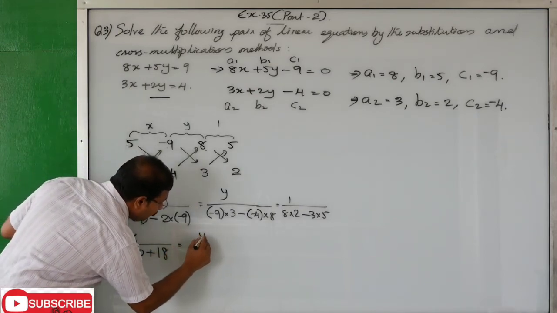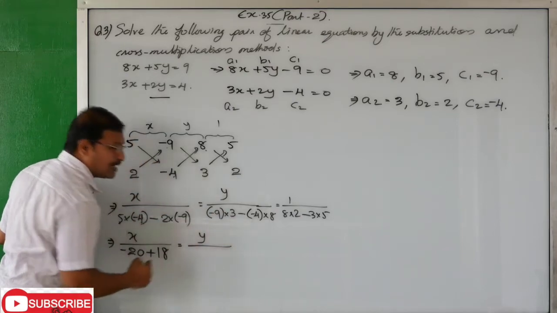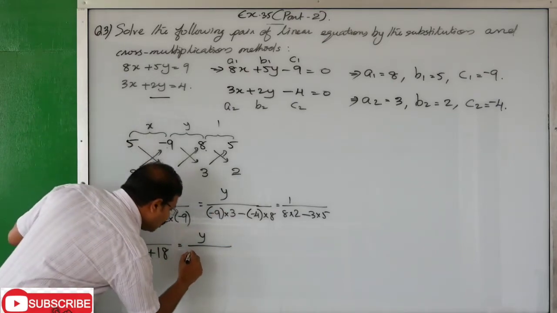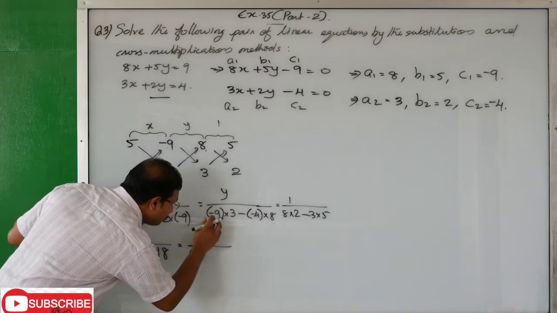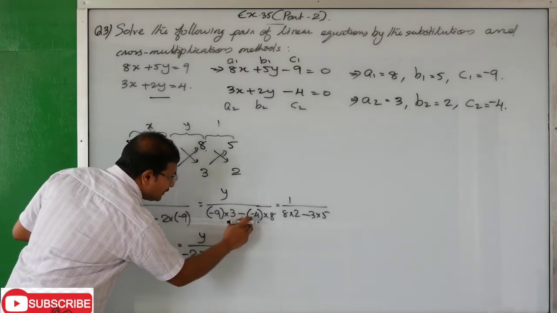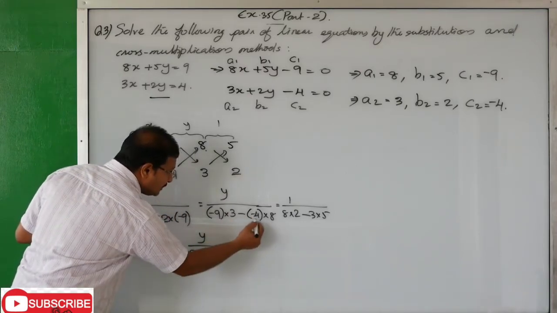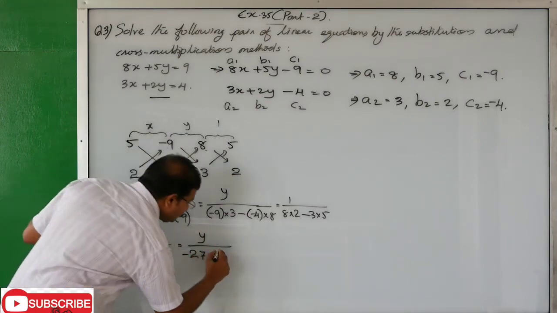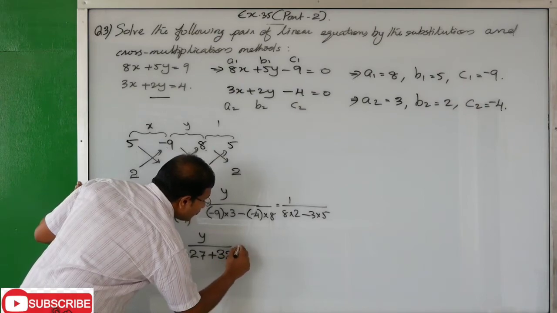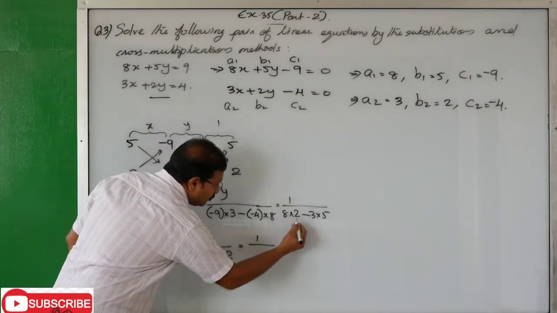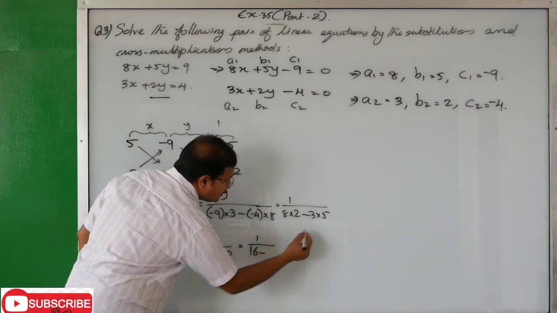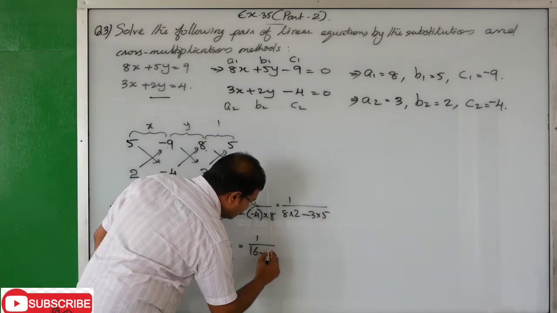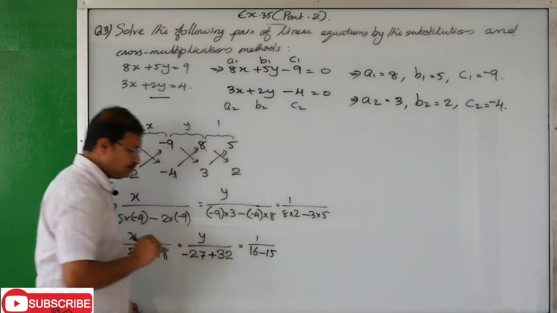Equals y divided by 9 3s are 27. So 27, but of course minus is there. Now minus into minus plus. 8 4s are, or 4 8s are 32, equals 1 divided by 8 2s are 16 minus 3 5s are 15.